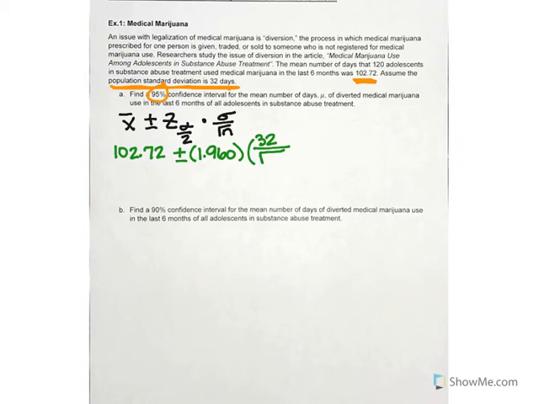The mean number of days for 120 adolescents, okay? That would be our n.